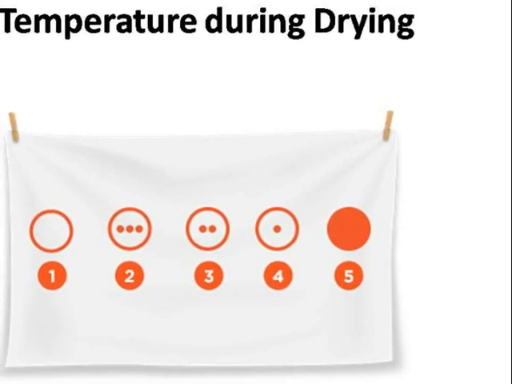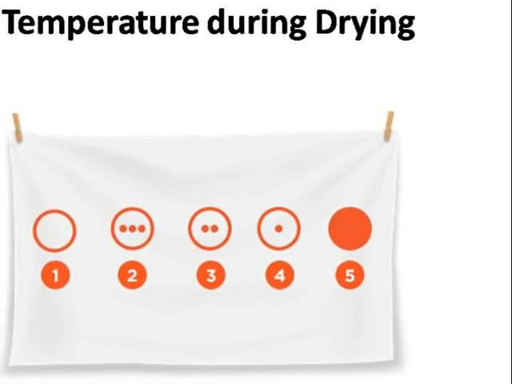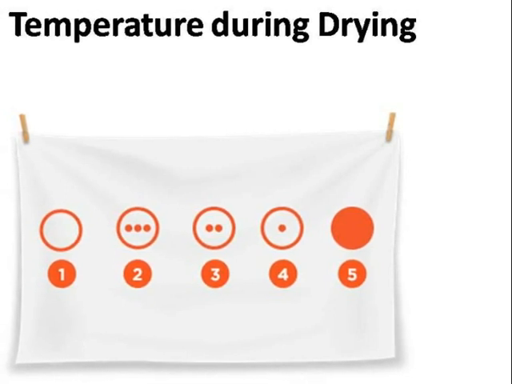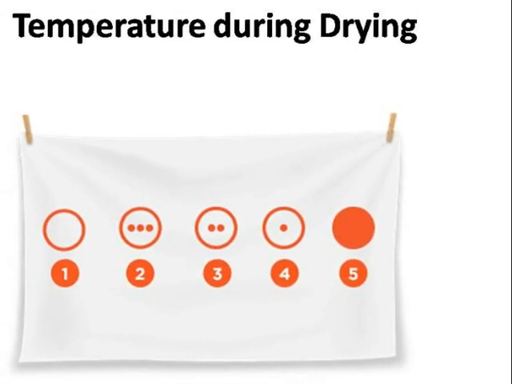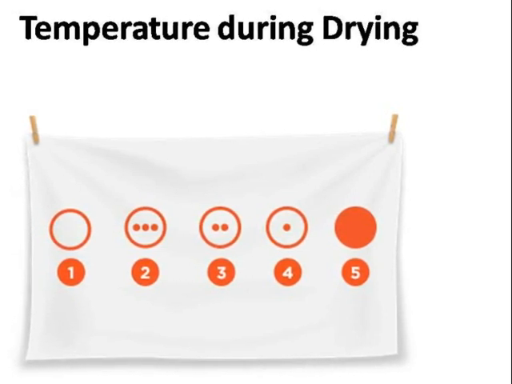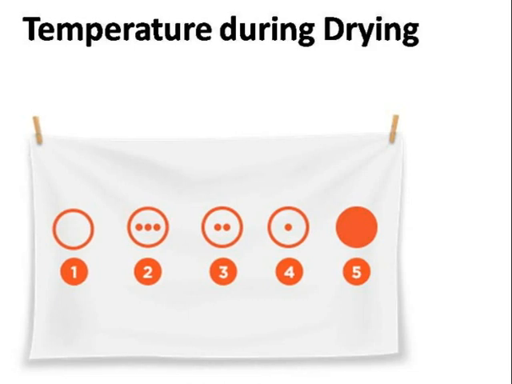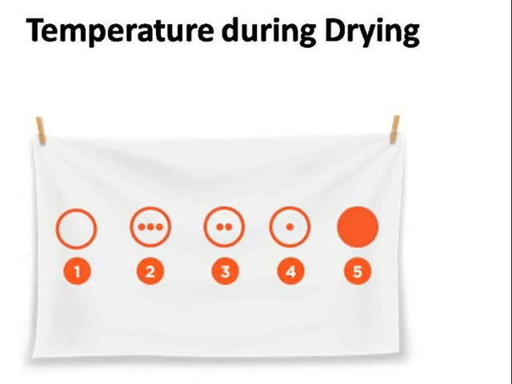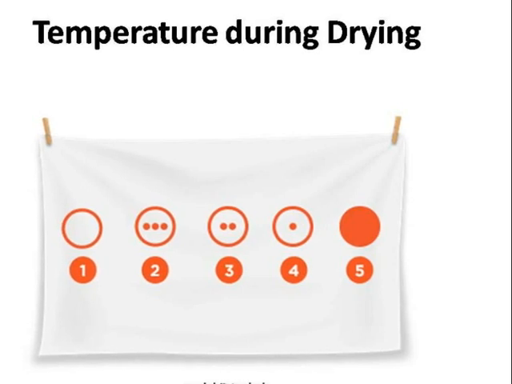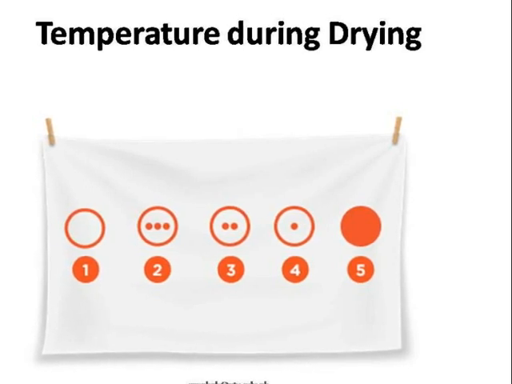The third, a circle with 2 dots, indicates medium heat. Same as the fourth symbol, a circle with a single dot, indicates low heat. The fifth, in which the circle is colored and totally filled, indicates that no heat is required during drying. It can be dried in air.